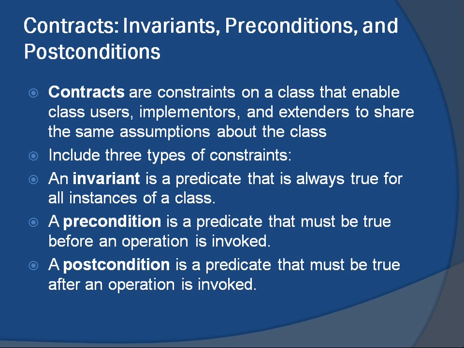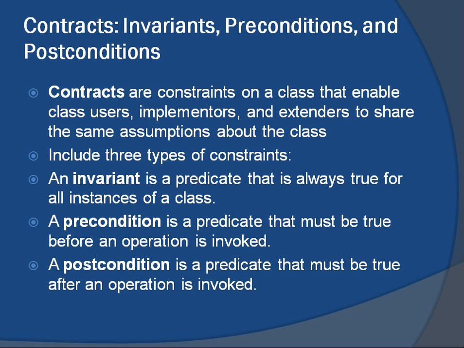Now here we have contracts. Within contracts there exist invariants, preconditions and postconditions. Contracts are the constraints that we place on a class that enable the class user, implementer and extender to share the same assumptions about the class.